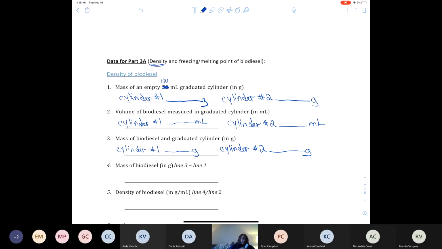There'll be pictures for you to get the mass information for each cylinder as empty cylinders for number 1 and for the cylinders plus the biodiesel for number 3. And then to get the mass of the biodiesel, subtract 3 from 1. So again, for number 4, you're going to have a value for cylinder number 1 and cylinder number 2.